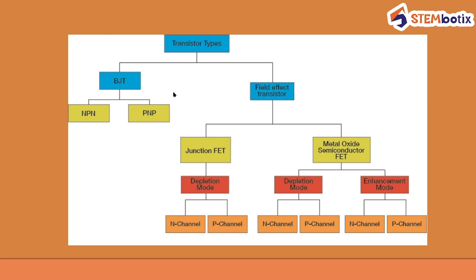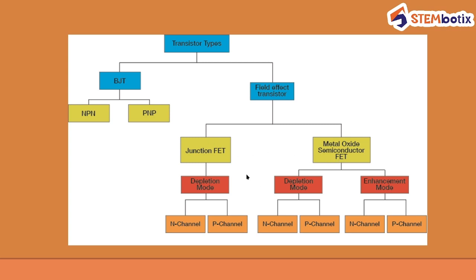Now this BJT is further classified into two main types, which are NPN and PNP. This is an NPN transistor and a PNP transistor. And the field effect transistors are further divided into two categories, which are junction field effect transistor, meaning JFET, and MOSFET, meaning metal oxide semiconductor field effect transistors.